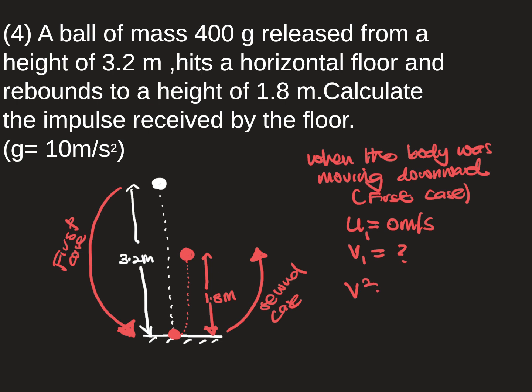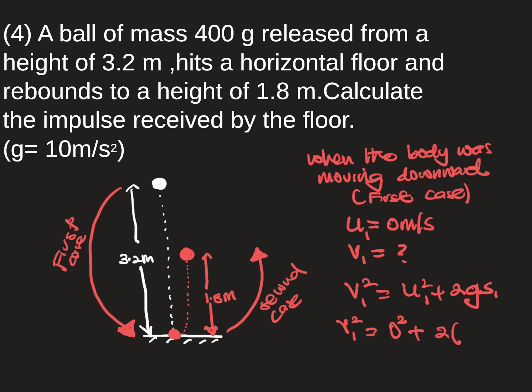So using V squared equals U squared plus 2AS, but the acceleration will now be gravity, so we can say 2GS. I can say V1 squared for the first case equals U1 squared plus 2GS1, right? So what is the final velocity? That will be V1 squared equals the initial velocity 0 squared plus 2 multiplied by gravity.